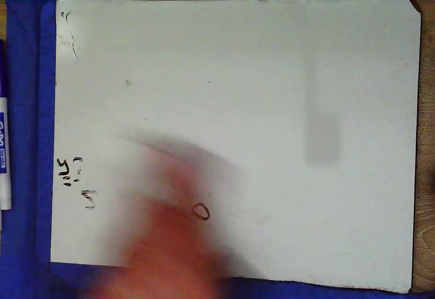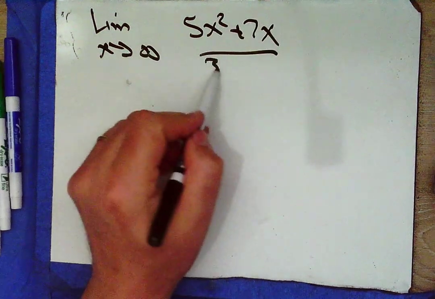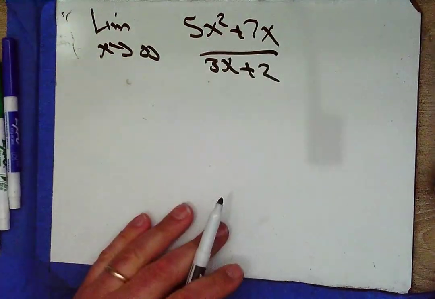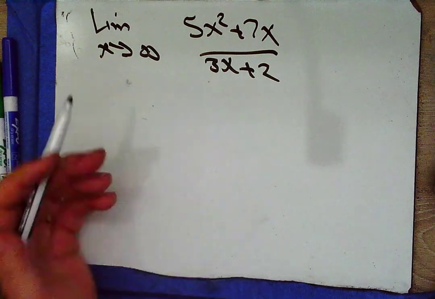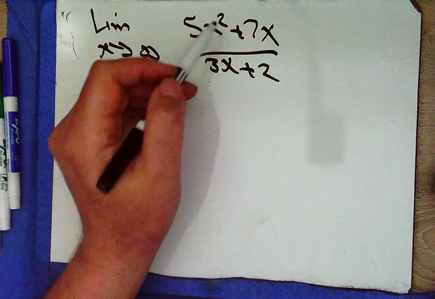So let's extend that idea. Let's go further and say, all right, well, what about this one? The limit as x heads to infinity of 5x squared plus 7x over 3x plus 2. So again, I want to get rid of this.